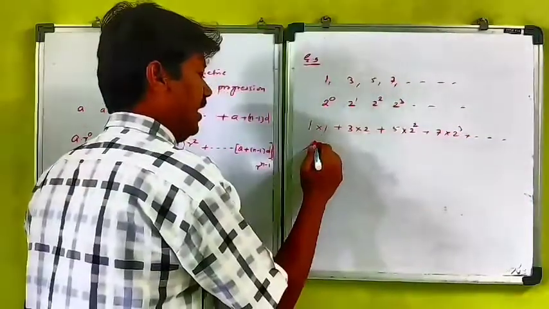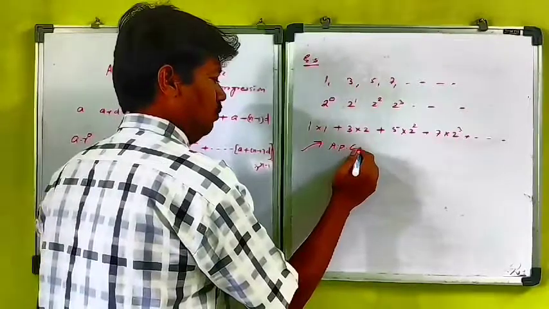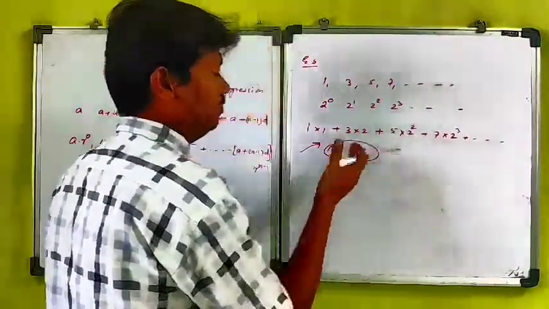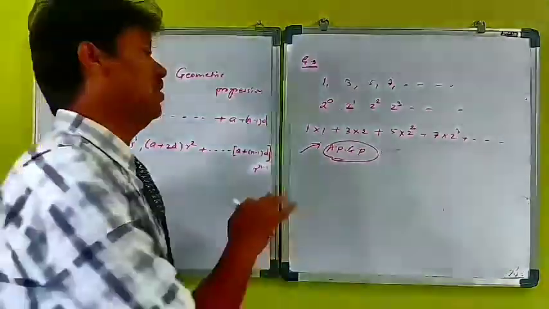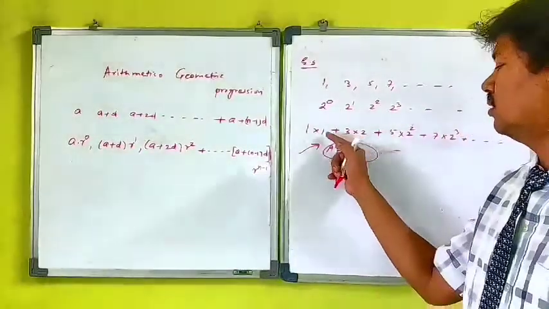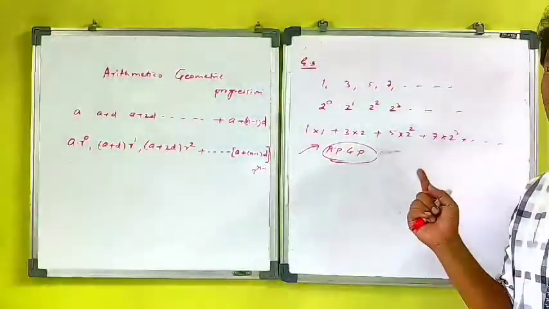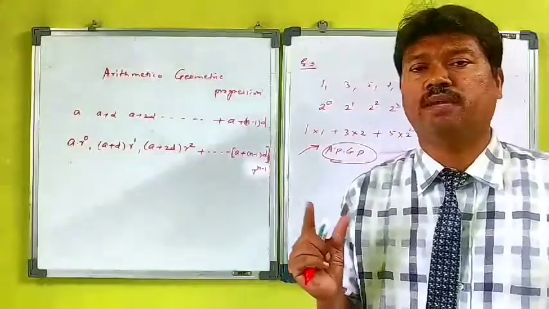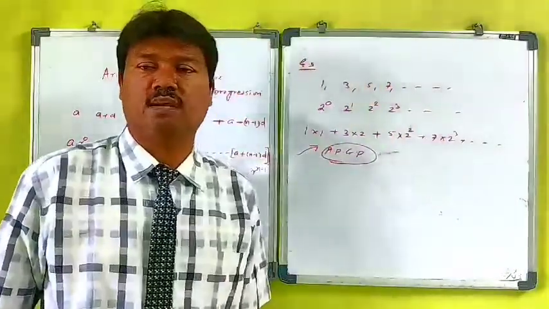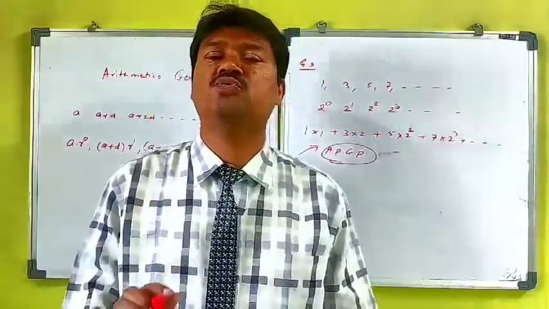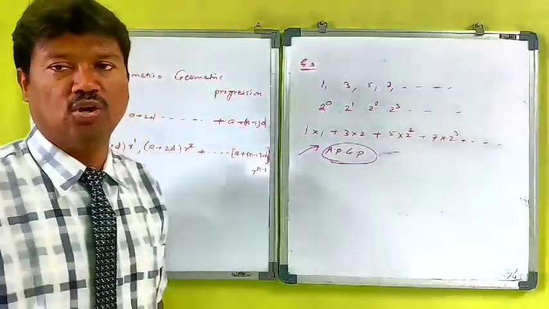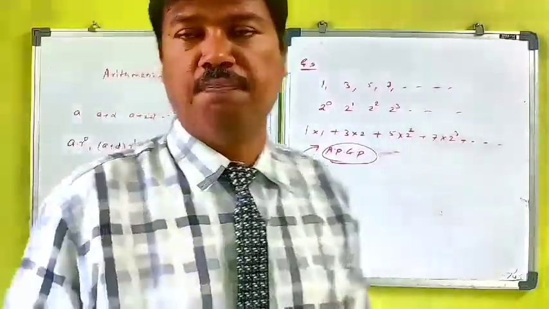This is called an APGP, arithmetico-geometric series. Here 1, 3, 5, 7 is in AP, and each term is multiplied by the common ratio, 2. So this step to identify the APGP is very important. Once you identify it, there is a standard method to find the summation of n terms of APGP.